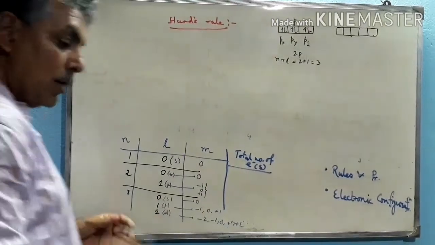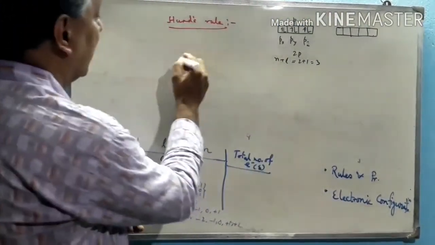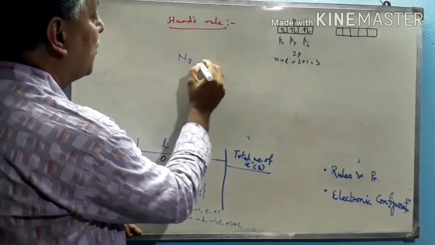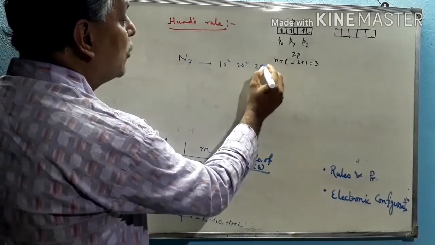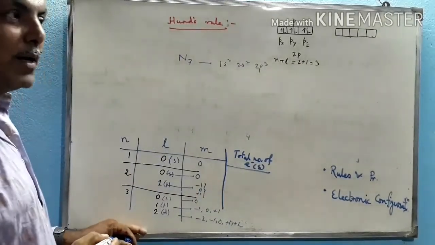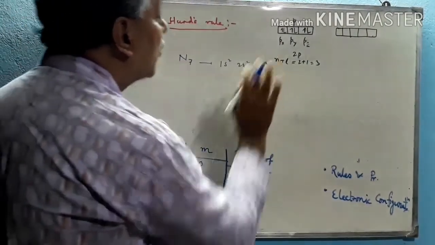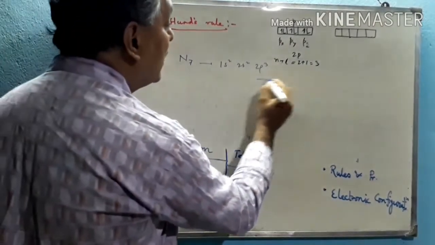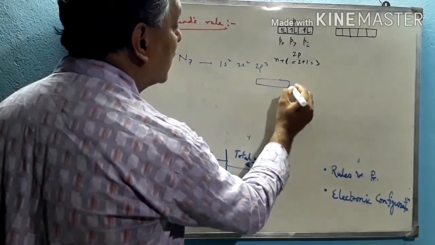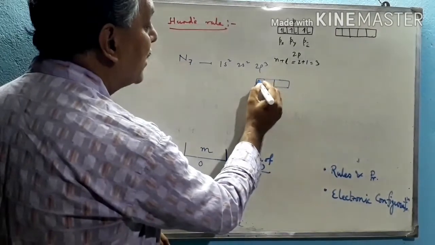Now why does this occur? Suppose in the case of nitrogen, atomic number 7, the electronic configuration is 1s2, 2s2 and 2p3. 2s holds the maximum of two electrons, and 2p contains 3 electrons because the atomic number is 7. But how are these 3 electrons distributed in 3 different orbitals? Because there are different arrangements.